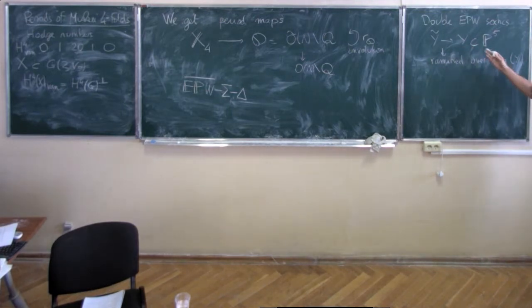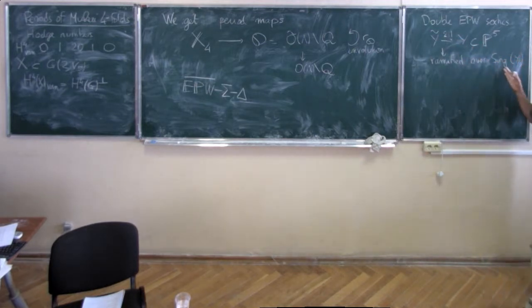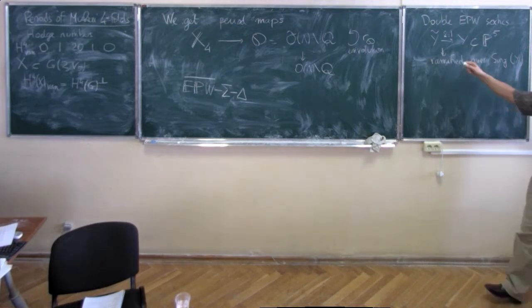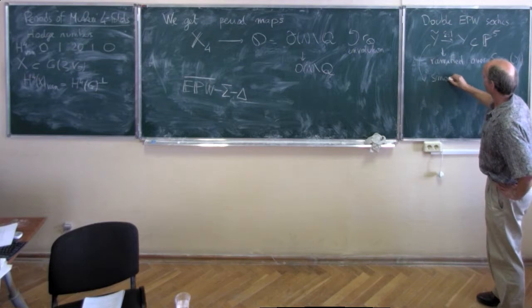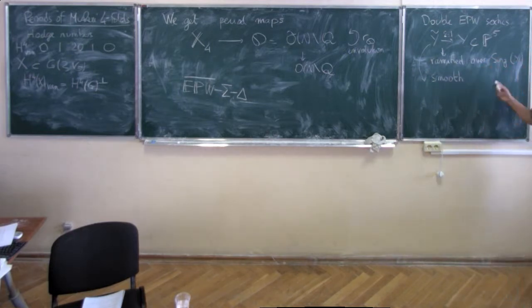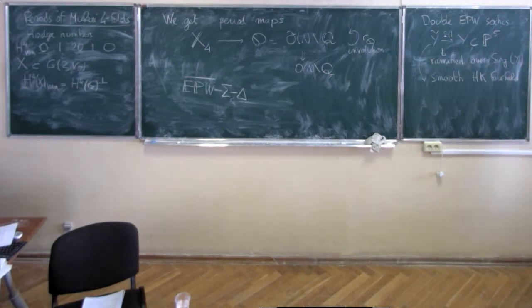This double cover is ramified in dimension 2, and it turns out that this fourfold here is smooth, at least when the surface is smooth, and it's a hyperkähler fourfold. So that's what makes this whole thing interesting, that out of this strange singular object, you can produce the smooth hyperkähler fourfold.